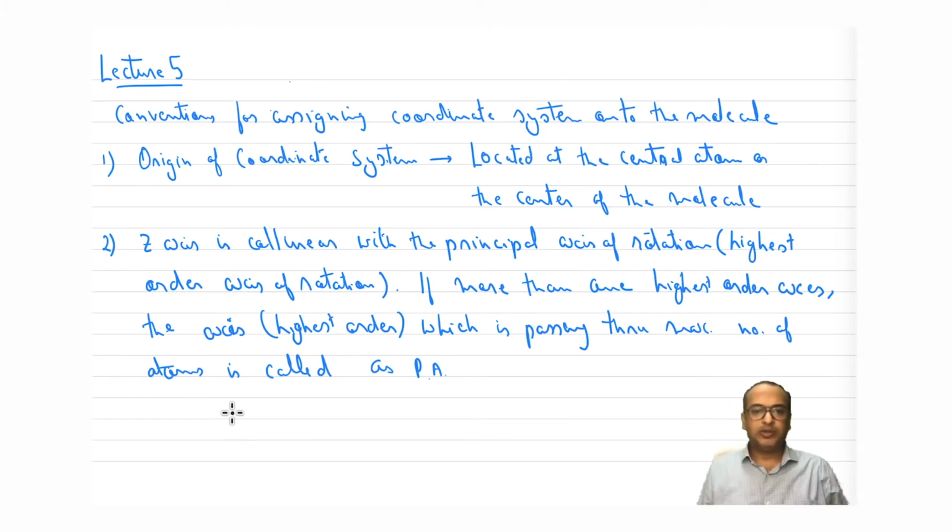Now that should be very clear. So the z-axis has to be collinear with the highest order axis, and if there is more than one, the highest order axis which passes through the maximum number of atoms will be called the principal axis, and the z-axis will be collinear to that. Now how to define the x-axis and y-axis?